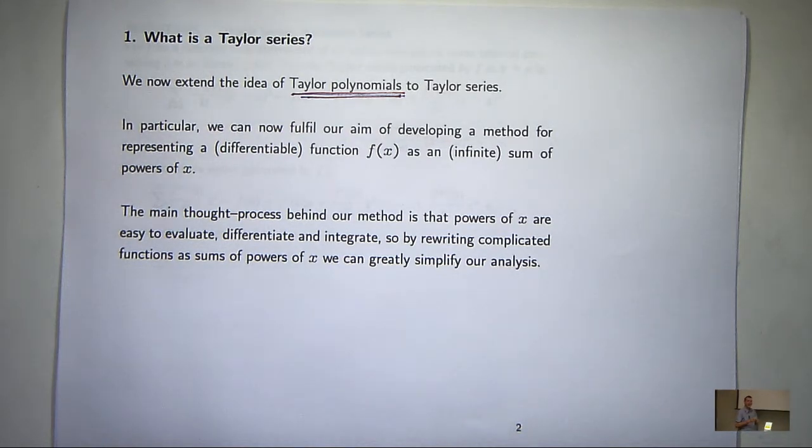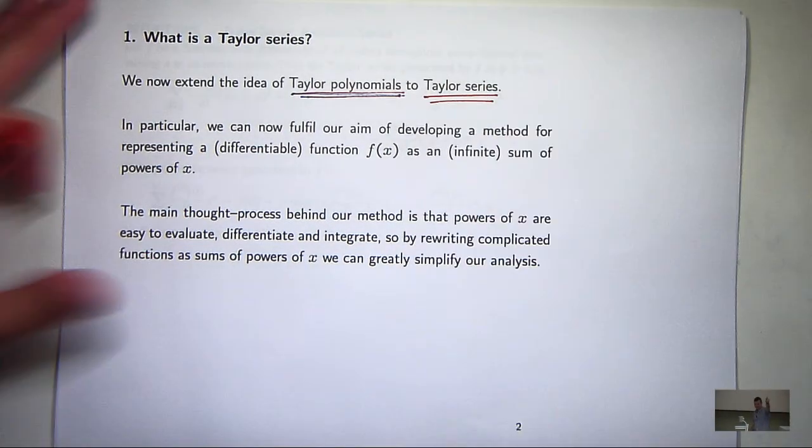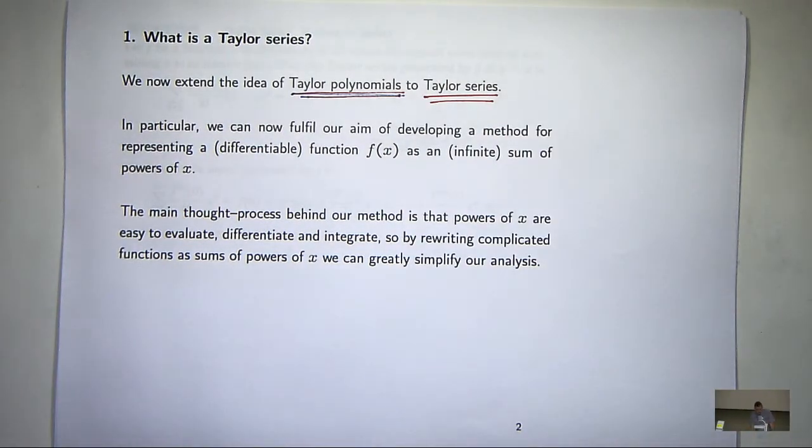I made the claim that if you keep on adding things to your little polynomial, you will come up with cosine x, the actual function. So this is what today's lecture is all about. Taylor series and also Maclaurin series. Maclaurin series are just a special kind of Taylor series.